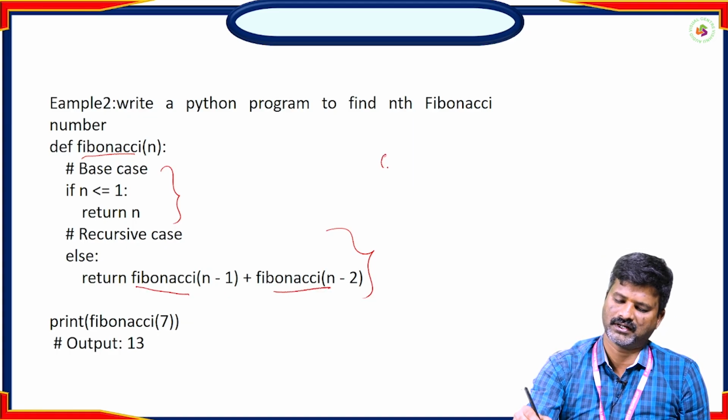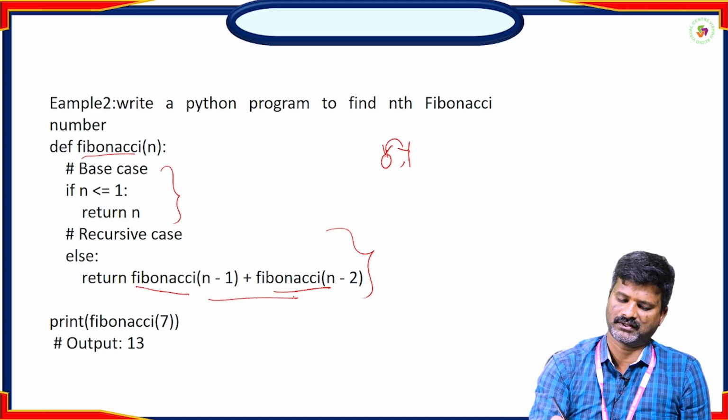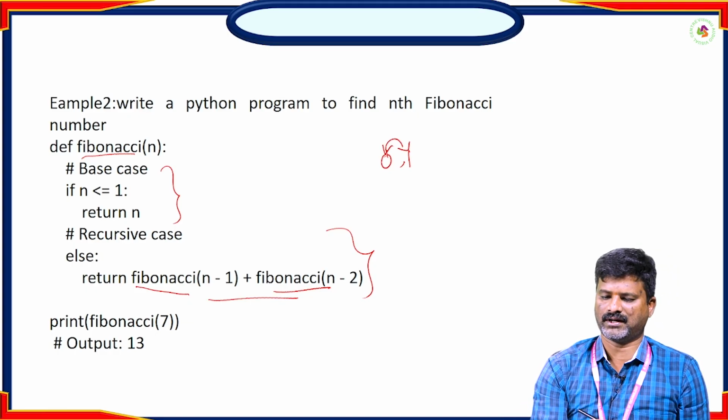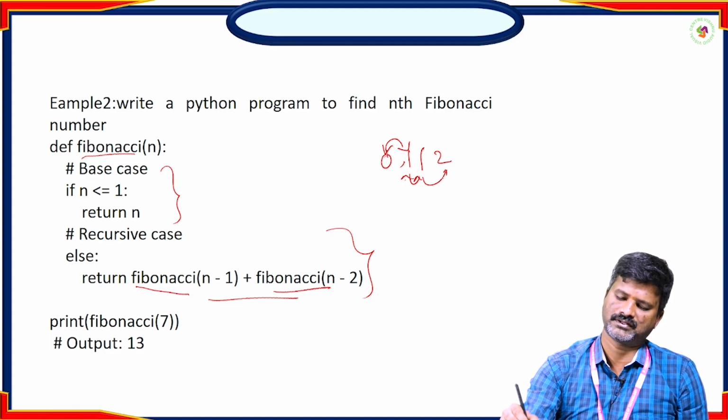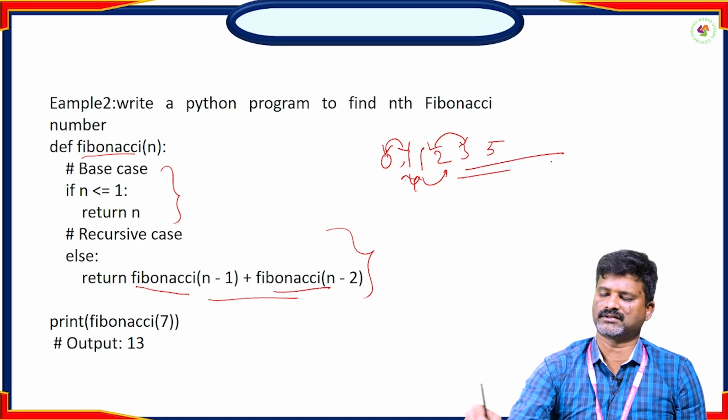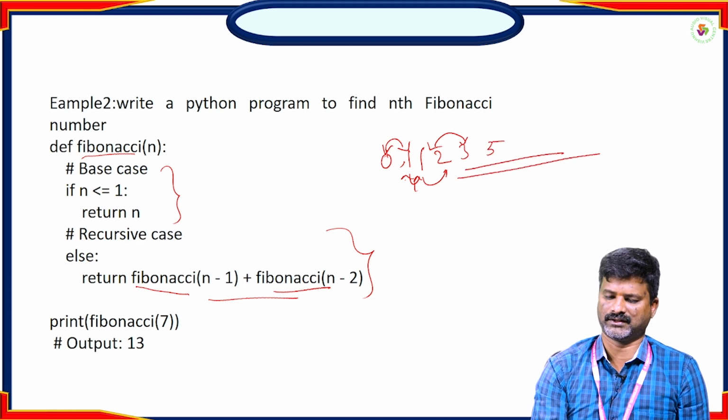Initially you have 0, 1, and the next value in the sequence is the addition of these two. That is the main logic: FIB of n minus 1 plus FIB of n minus 2. So the addition of the previous two elements is 1, then again the previous two elements give 2, and again the previous two give 3, and again these two elements give 5. Something like this you will get. This is the Fibonacci series.